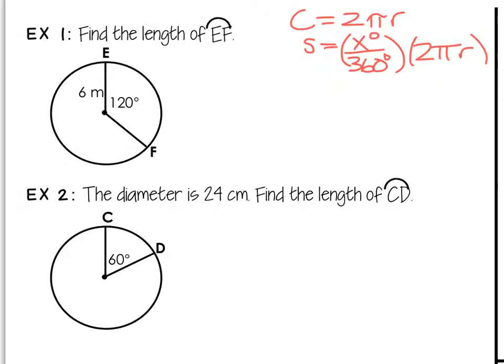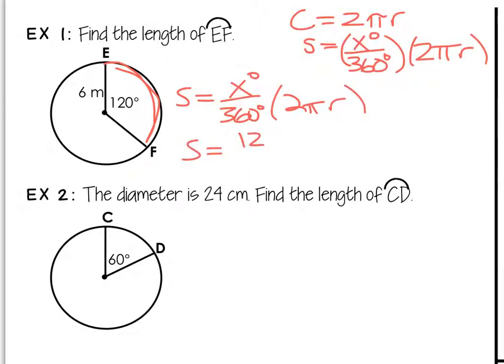So in this one, if I want to find the length of EF, then my arc length is degree out of 360 times 2 pi r. So my degree is 120 over 360 times 2 pi 6.